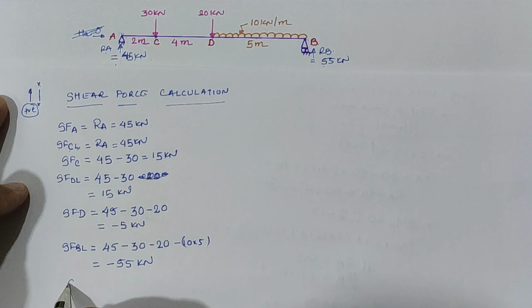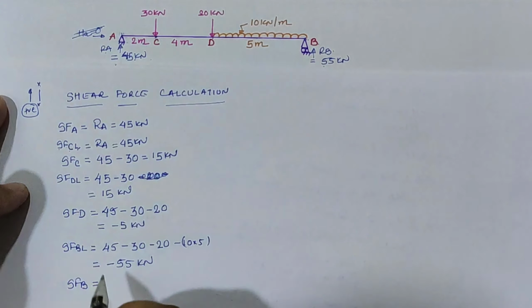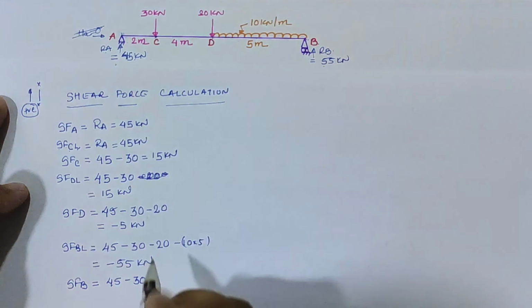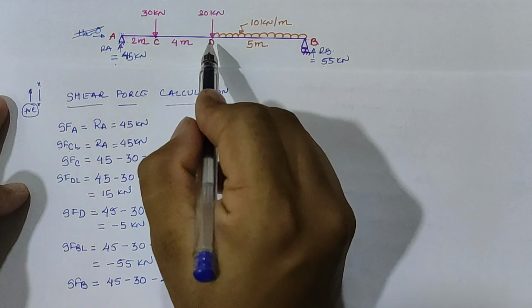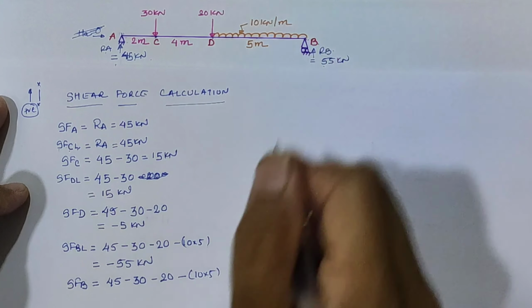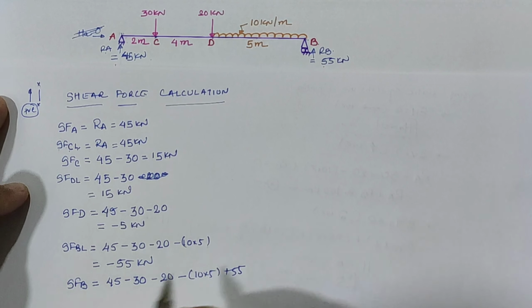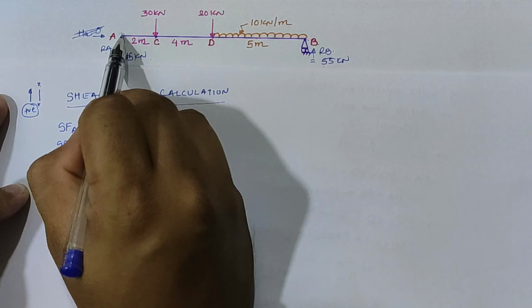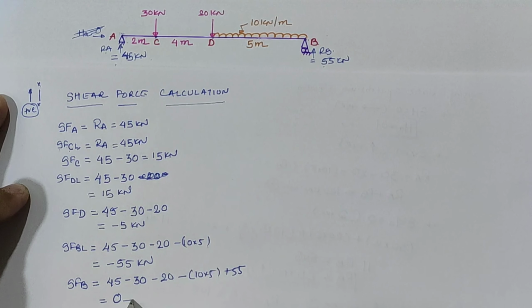And exactly on point B, our value is 45 up minus 30 down at C minus 20 down at D minus 10 into 5 load in the downward direction, and RB in the upward direction. So 55 up, and the value is 0, which indicates that at the starting point and ending point our value must be equal to 0, hence our calculation is okay.